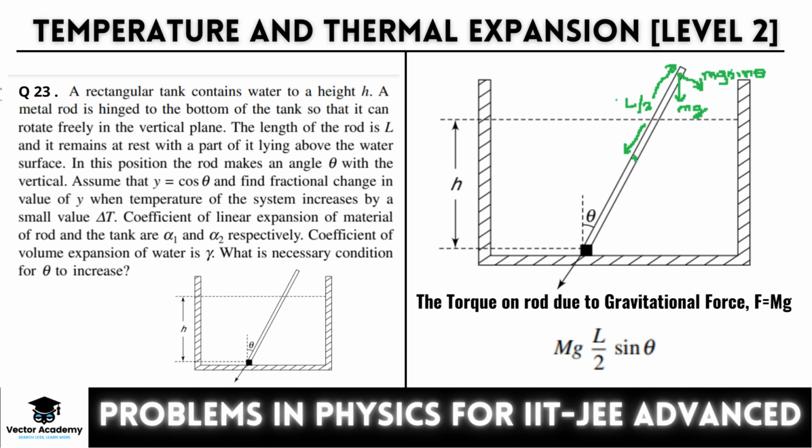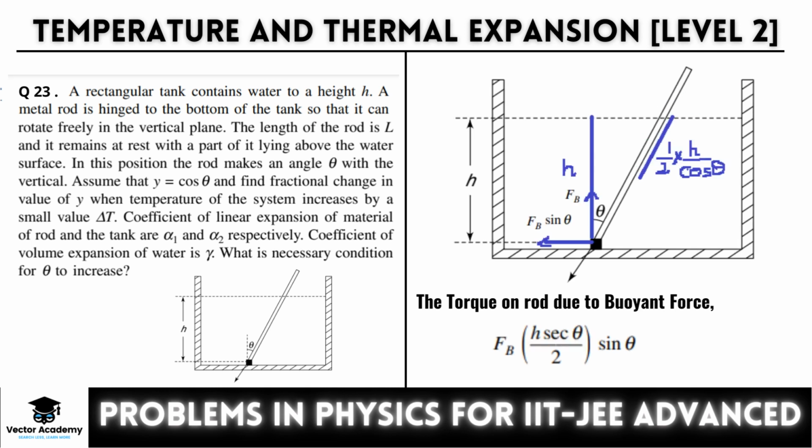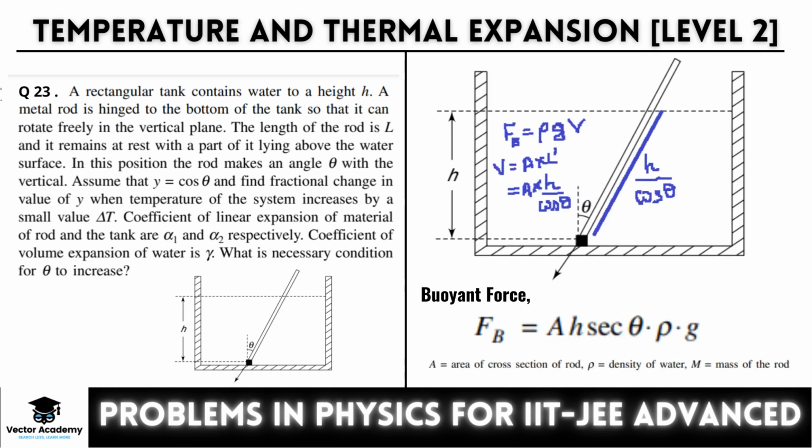In the given problem, the torque on the rod due to gravitational force F equals mg is mgL by 2 sin theta. The torque on the rod due to buoyant force is given by Fb h sec theta by 2 sin theta. Buoyant force Fb equals area of cross-section of rod A multiplied by h sec theta multiplied by density of water rho multiplied by g.